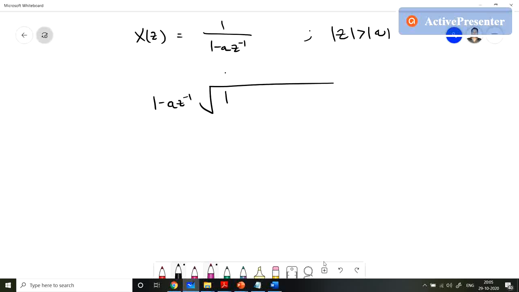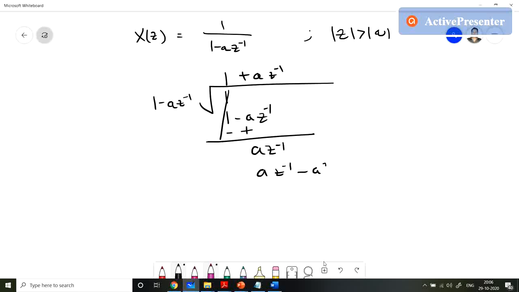To get 1, we multiply by 1 and get 1 minus a z inverse. Applying the basic rule, this 1 cancels out and we get a z inverse. Then we multiply with a z inverse and get a z inverse minus a square z raised to the power minus 2, which cancels out to leave a square z raised to the power minus 2.